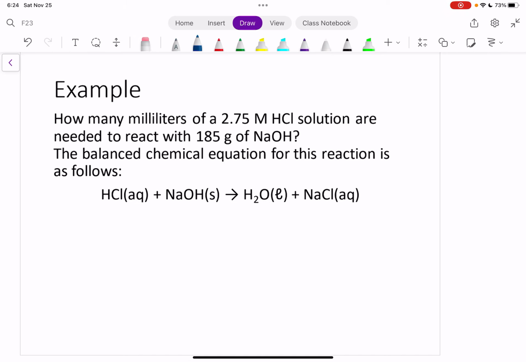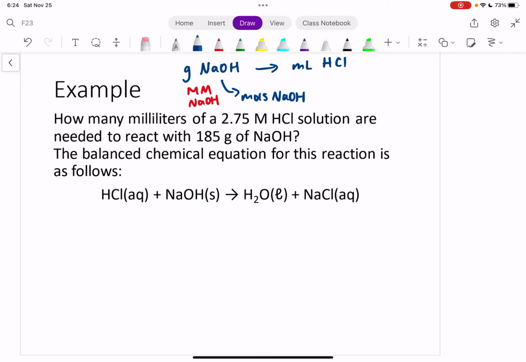So let's write some of this down. We want to get from grams of NaOH to milliliters of HCl. Now, we know how to get from grams to moles of NaOH. That's using our molar mass of NaOH.